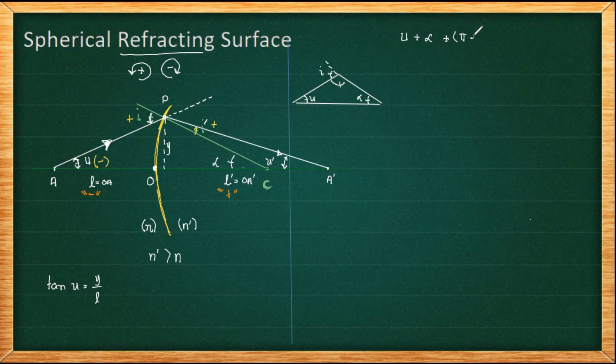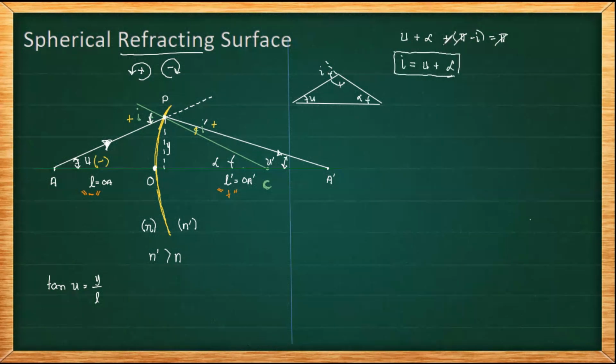This is just pi minus I, and this is equal to pi. So the pi and pi get cancelled out, and we end up having I equal to U plus alpha. Okay, so this is our first equation, which relates the angles I, U, and alpha.